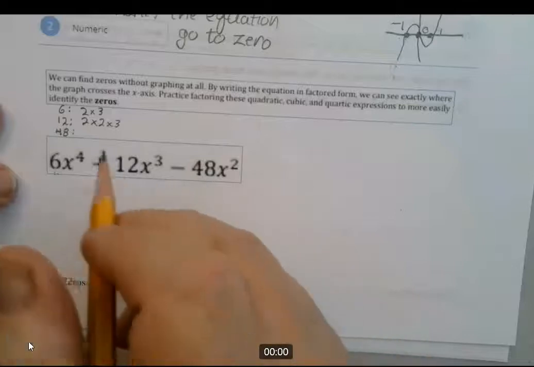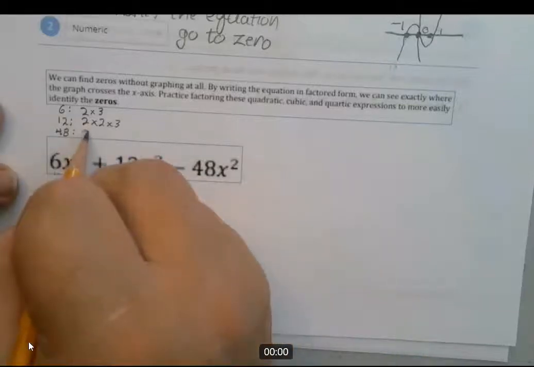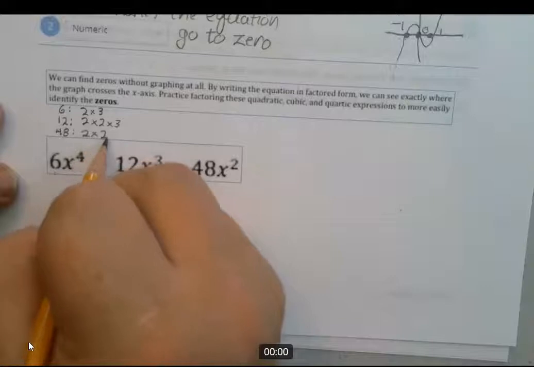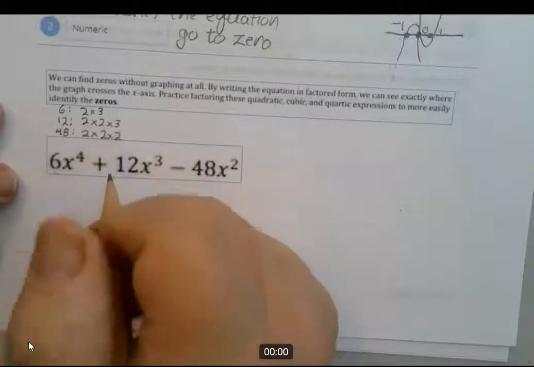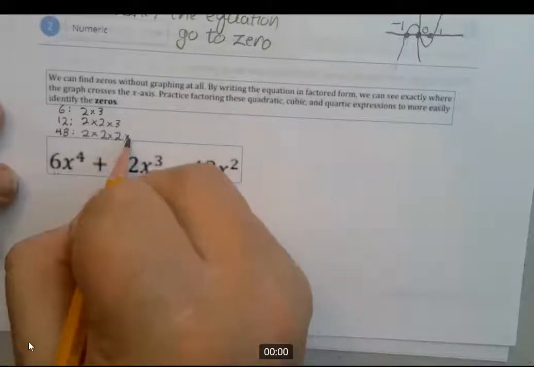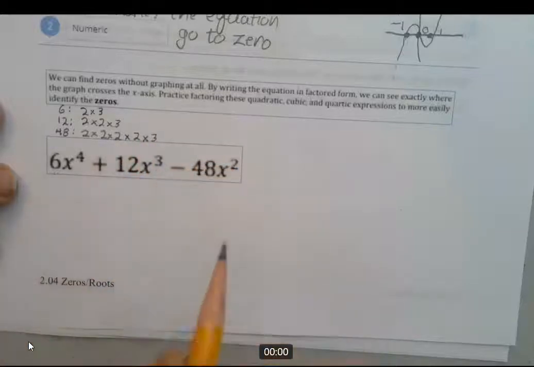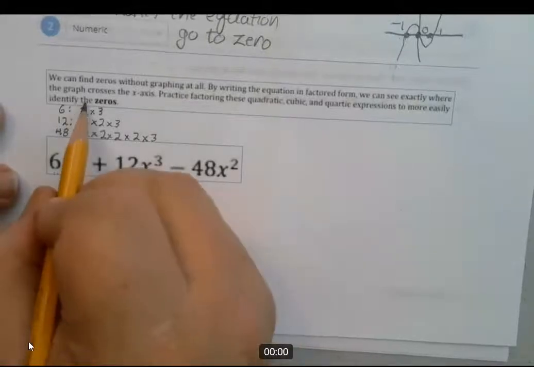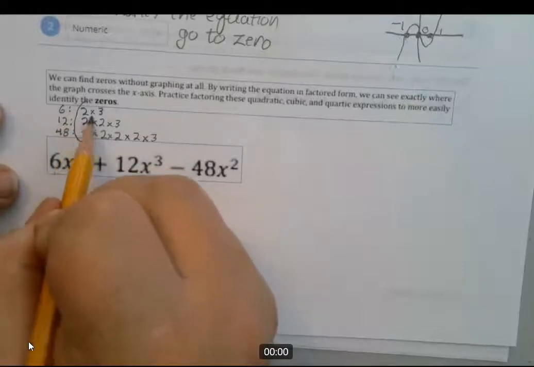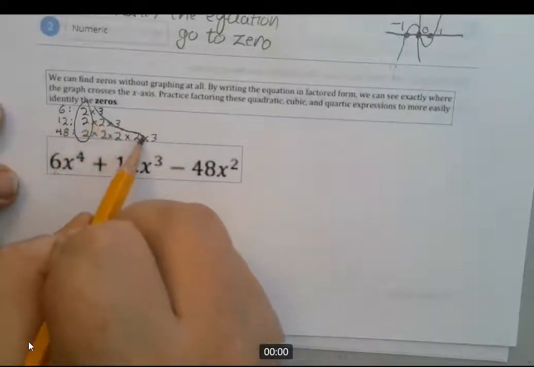And finally 48, the same thing. That's going to be a lot of 2's. It's 2 times 2 times 2. That gets you to 8, times 2 gets you to 16, times 3 gets you to 48. Okay? So ask yourself, what do they have in common? Well, they all have a 2. And they all have a 3.